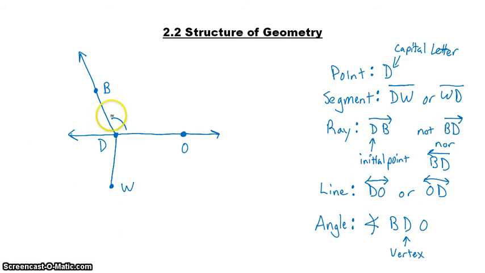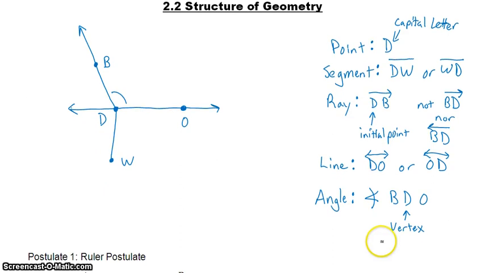An angle is really how far apart two lines, rays, or segments are opened. Now I can name an angle in the reverse order as long as D remains my middle point. ODB is this same angle. Notice that D is still the middle point.